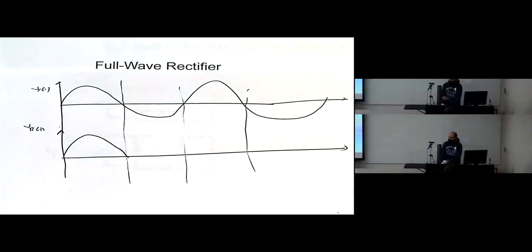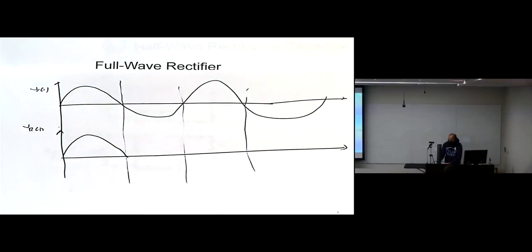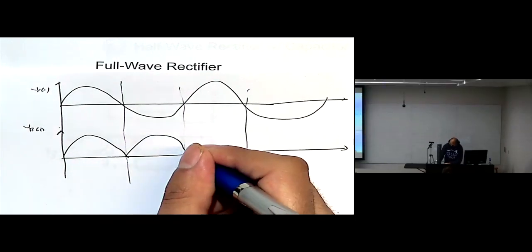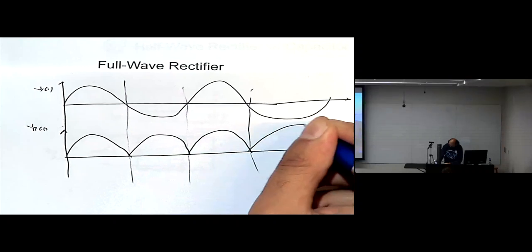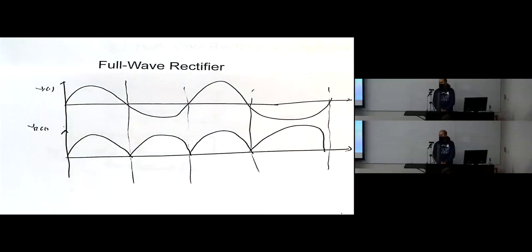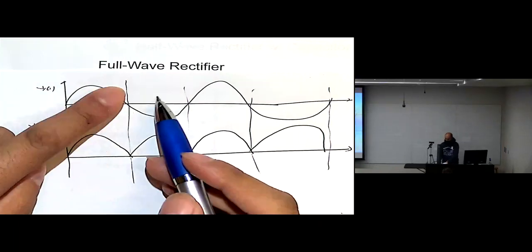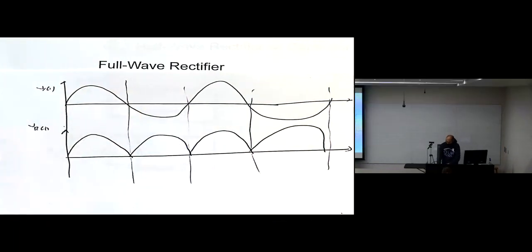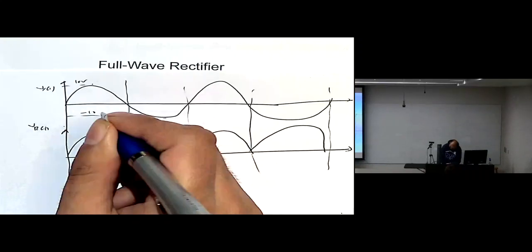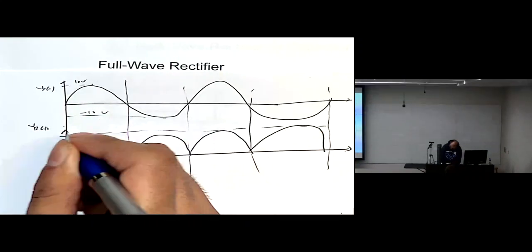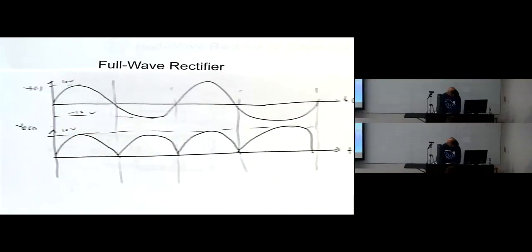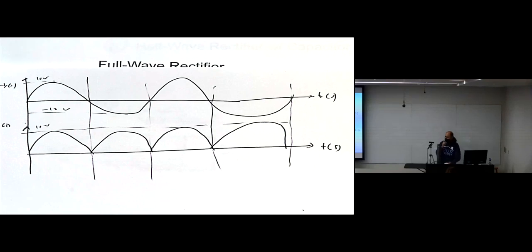And in the negative cycle, the current is flowing but in the opposite direction, so it will be like this. Then the positive cycle, like this. The negative cycle, like this. So this is the waveform. So it looks like we take the absolute value of the waveform. So if this one is 10 volts, minus 10 volts, these are all 10 volts. Clear? Any questions?